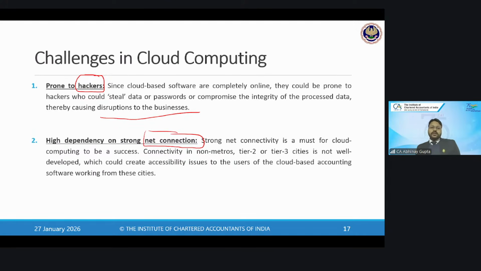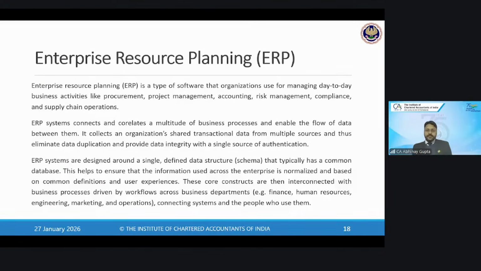Suppose you are doing a job in an MNC, but you are not staying in a metro city, and the non-metro city is struggling with internet quality, then you will not be able to perform the work, correct? So this is again one of the drawbacks of cloud computing: if the internet is not working well, then we will not be able to use it.